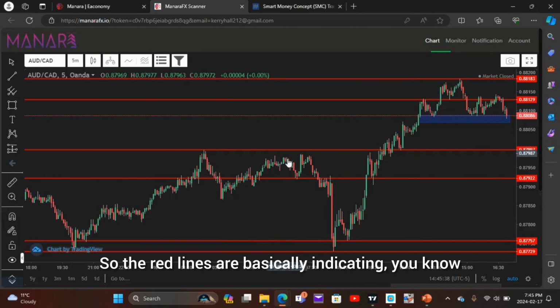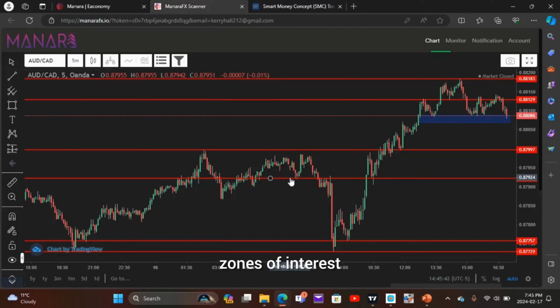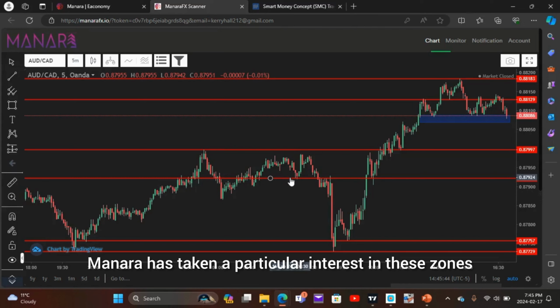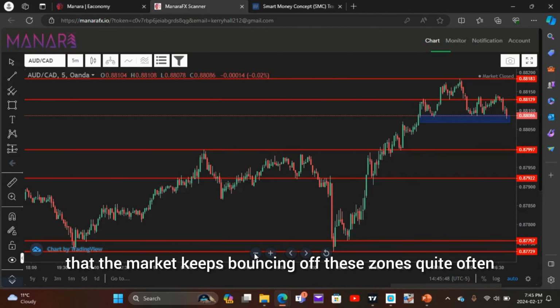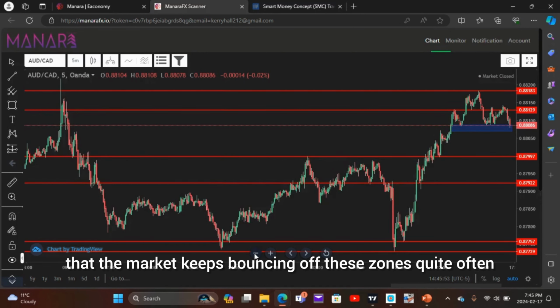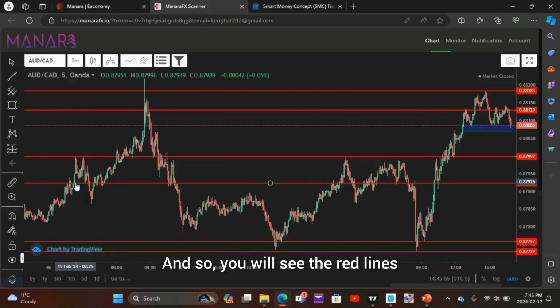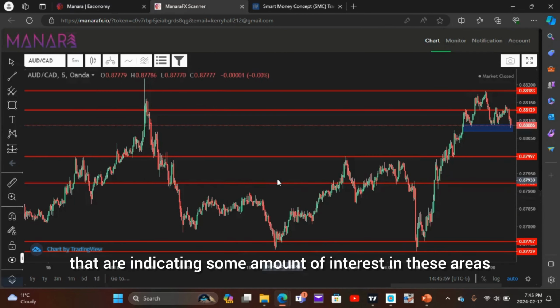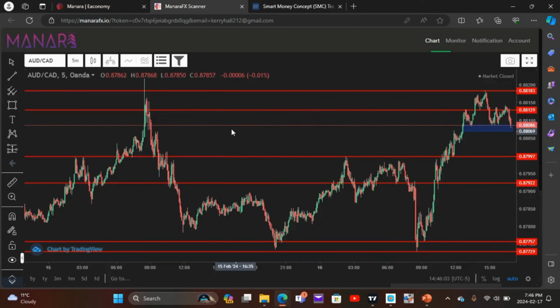So the red lines are basically indicating zones of interest. Manara has taken a particular interest in these zones because it's recognized that the market keeps bouncing off these zones quite often, right? And so you'll see the red lines indicating some amount of interest in these areas.